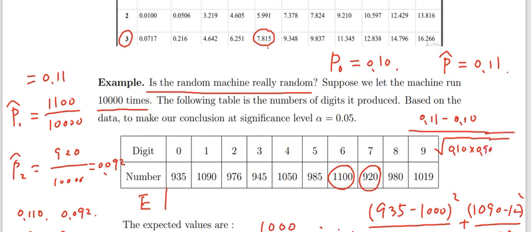So this value is the Z value. Once we find this value, we can check whether it is a big value or small value, right? I think this is also a big value. So if it is a big value, we can say the 11% and 10% differ too much.